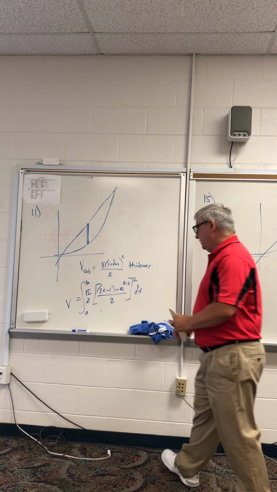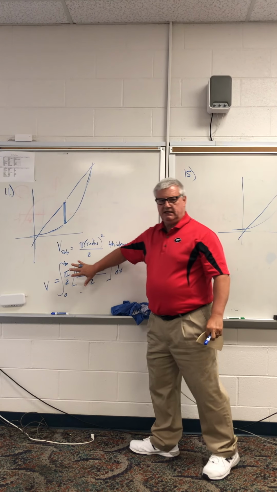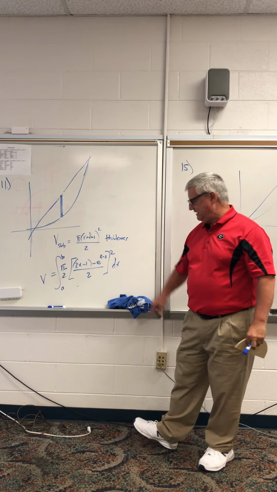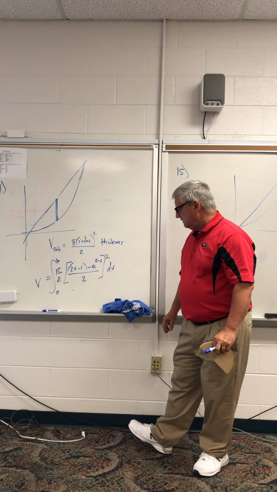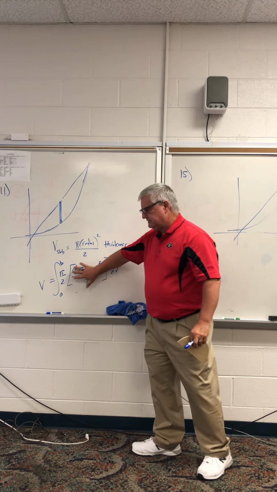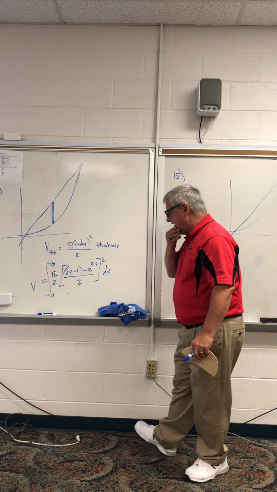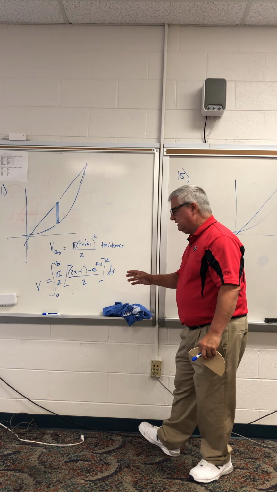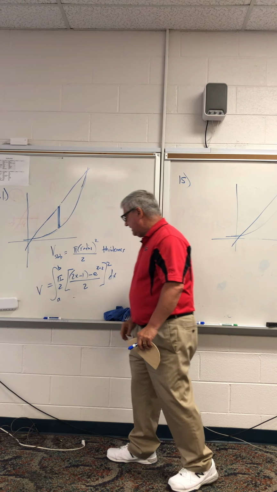One little note about this. I've often seen this problem in the multiple choice section of the AP test. And the way the answer is presented is in a little bit of a simplified manner. So let's see what would happen here if I put the constant on the outside. We'll put just pi over 2 on the outside.